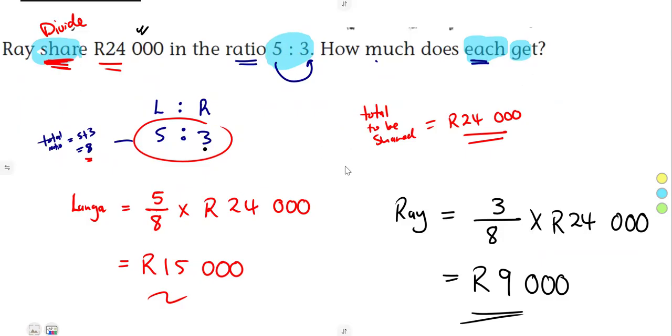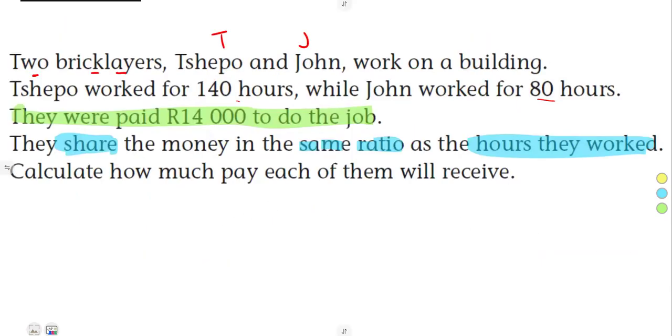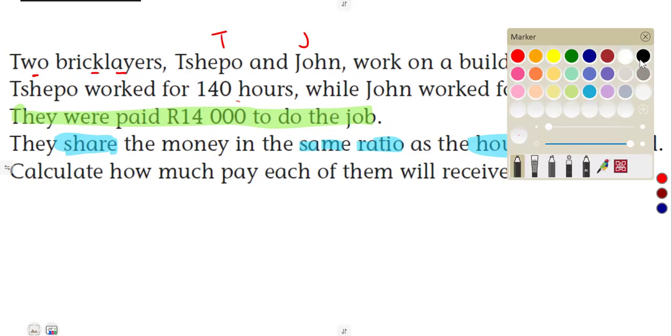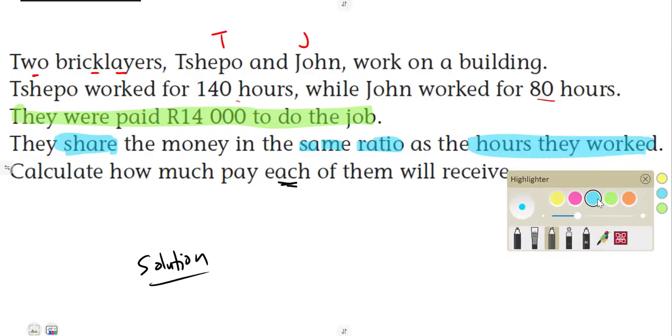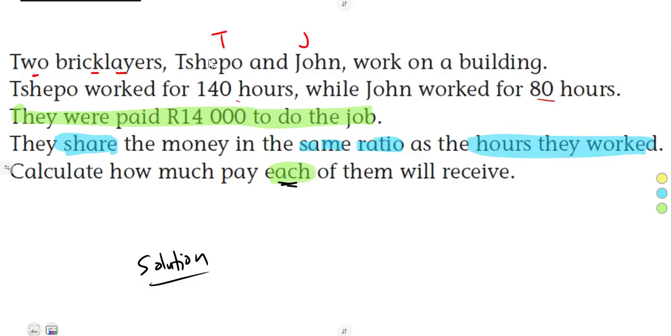There we were given the ratio, 5:3. But this time, we are not given. They told us where the ratio must be taken from. The ratio must be taken from the hours they worked. Calculate how much pay each of them will receive. So what will be the share of Tsepo? What will be the share of John? Each will receive.